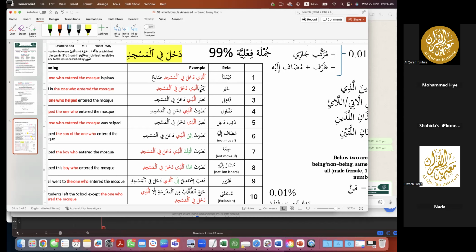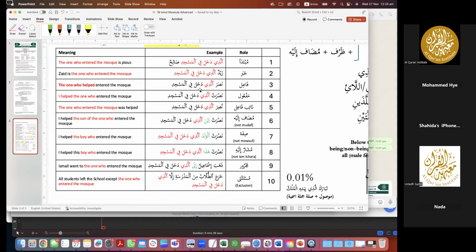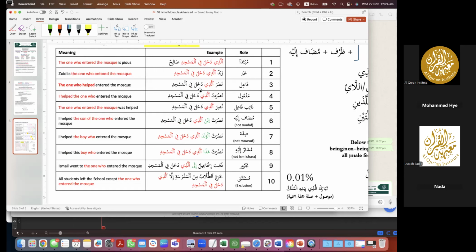Now coming to Nasara. Nasara allazi dakhala fil masjid.